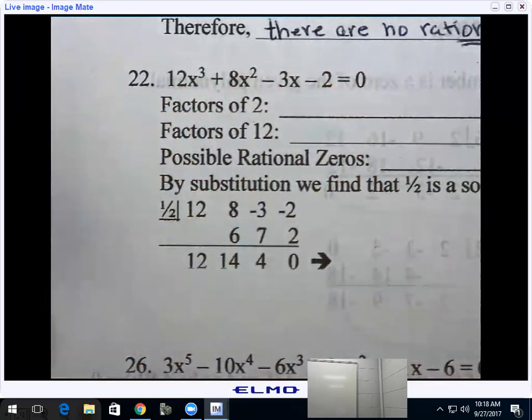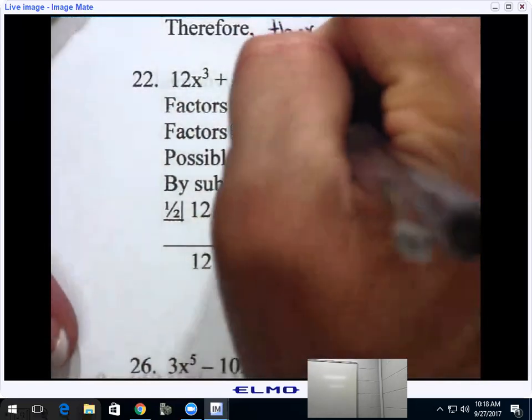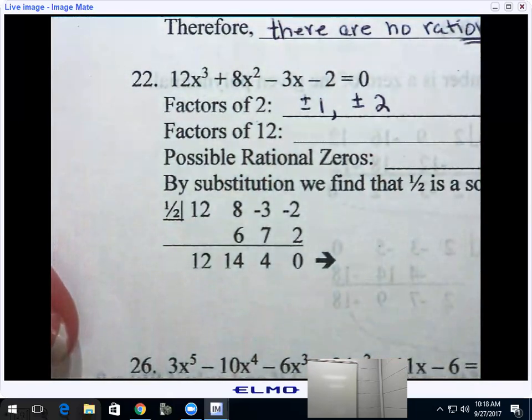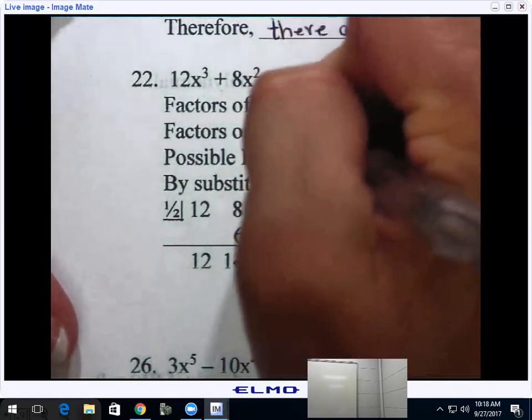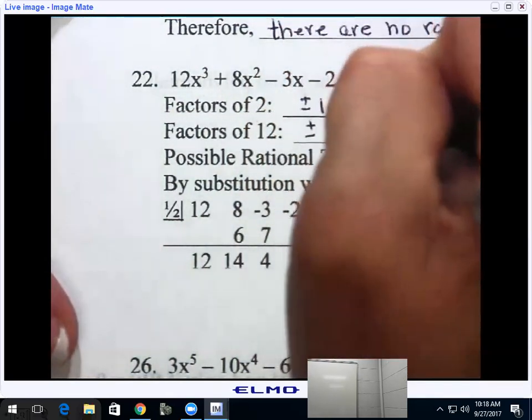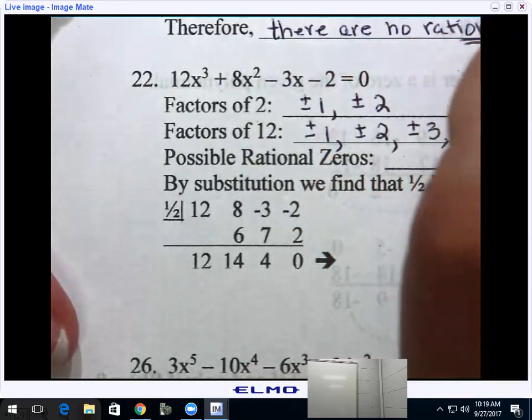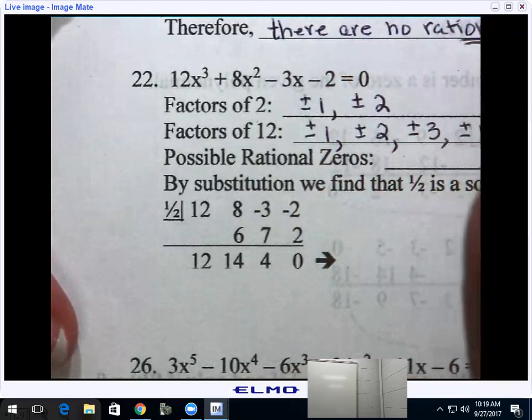And so factors of 2 are plus or minus 1 and plus or minus 2. Factors of 12 are plus or minus 1, plus or minus 2, plus or minus 3, plus or minus 4, plus or minus 6, and plus or minus 12.